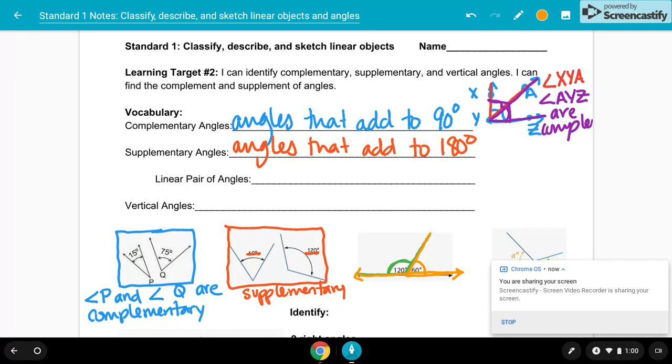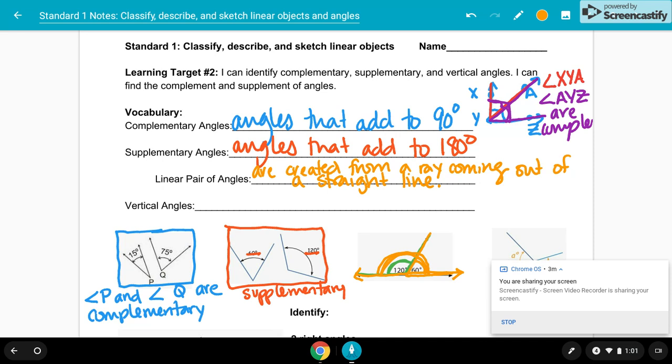So we could say a linear pair of angles is created from a ray coming out of a straight line. They add up to 180 as well because, as we know, a straight line, that angle is 180 degrees.